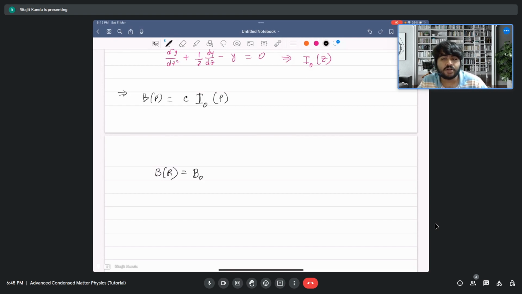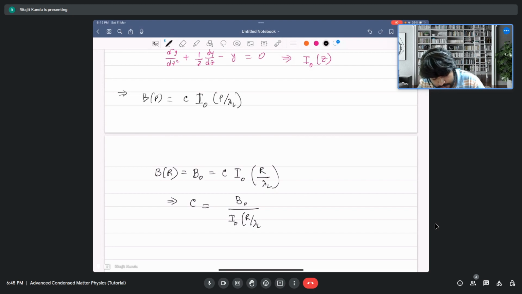So we'll plug that in. I have actually missed something, it is rho by lambda L. So this is the full solution. Just outside the cylinder, the magnetic field is B naught, and then I have I naught R by lambda L. That means C will be given by B naught divided by I naught R by lambda L.